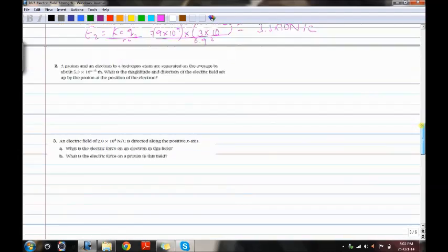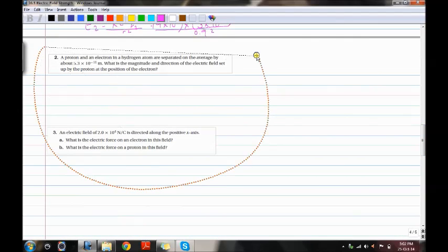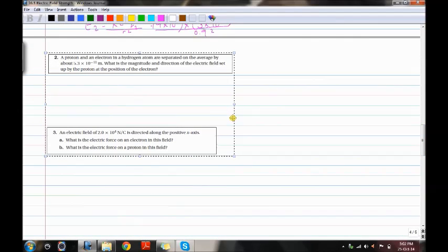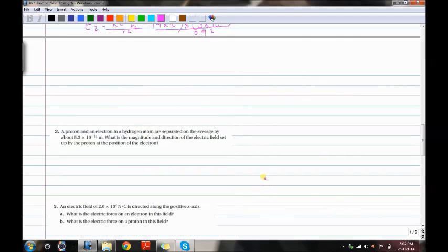So now let's move on to the third step. The third step is to find the x and y components for E1 and E2.